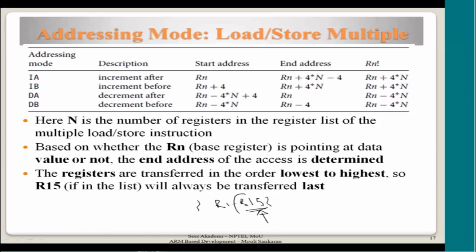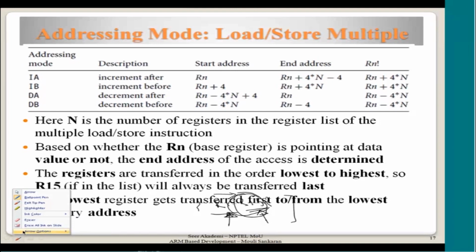At the end of the execution only R15 will be changed, because the flow will change once you modify it. If there is a data buffer, there will be a crucial impact on restarting the instruction, which will be clear when I explain the data buffer. But for a moment, assume that you have to access from the lowest to the highest, because R15 is the PC, and the instruction should not modify R15 before any of the other registers are modified. So the conventions are like this.